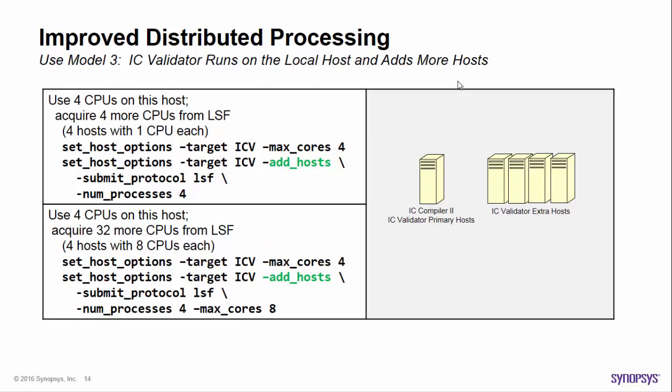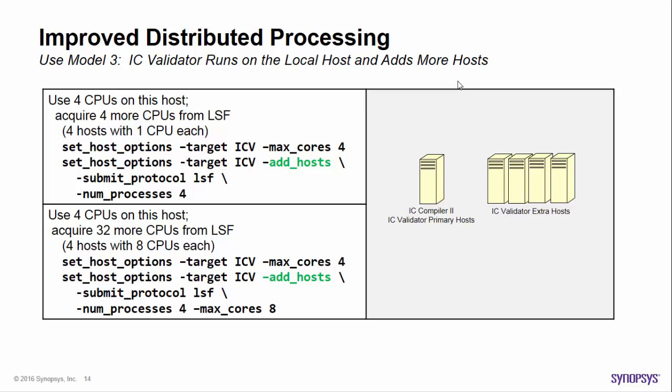Use Model 3: IC Validator runs on the local host and adds more hosts. For use Model 3, the add_hosts functionality works in addition to the functionality previously discussed. It takes advantage of LSF features that allow hosts to be assigned as they become available.